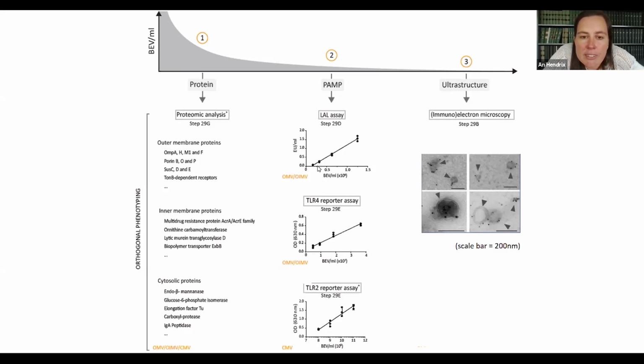We quantified the numbers of bacterial extracellular vesicles making use of the LAL assay, which provides endotoxin units based upon LPS, but also making use of TLR4 to measure the activity levels of LPS, and TLR2, which identifies LTA. Finally, we performed immuno-electron microscopy, which revealed that we actually identify bacterial extracellular vesicles in the later density fractions of the density gradient.